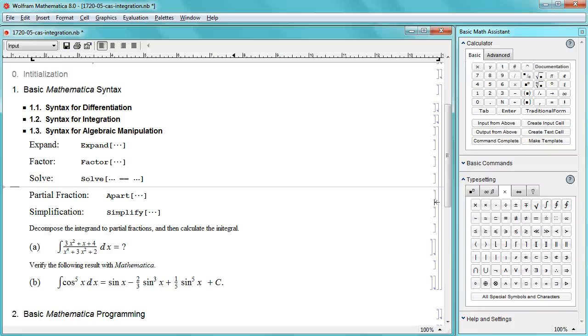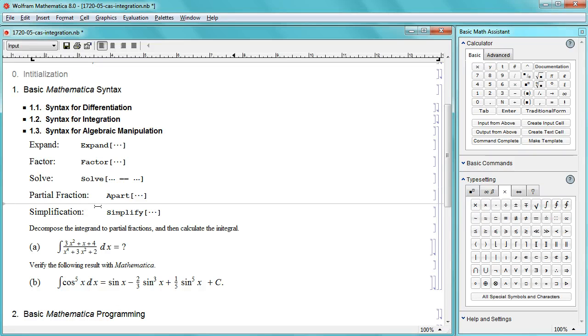Another important command, okay, as a matter of fact, as far as the importance is concerned, the first three commands, especially the Factor and Solve commands, are more important. But for calculus 2, the Apart command is useful. It's usually not as important as the Factor command or Solve command or Simplify command, but for calculus it is useful. For example, if you want to decompose a certain rational function by partial fractions, what do you usually do?